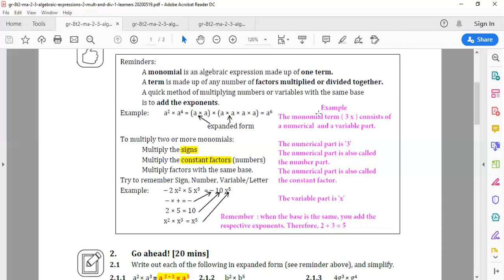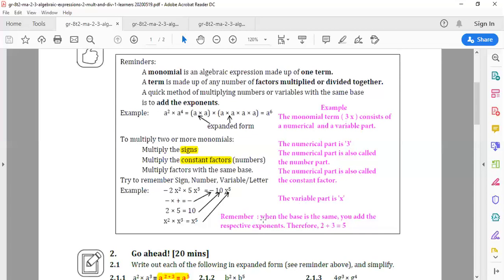Another example to consider is a monomial that is 3x. Now 3x consists of a numerical and a variable part. The numerical part being 3 and the variable being x. The numerical part is also called the constant factor. The variable part is x.